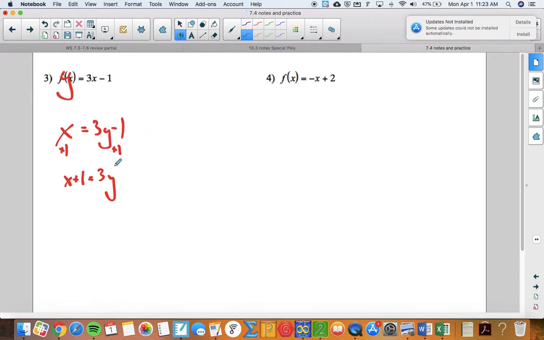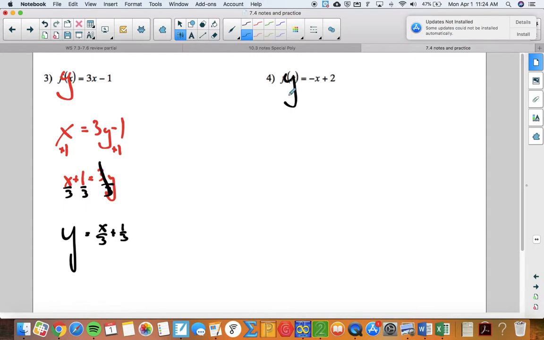So to undo multiplying by 3, we divide by 3. What am I dividing by 3 over here? Everything. So we get y equals x divided by 3 plus 1 divided by 3. There is the inverse function.